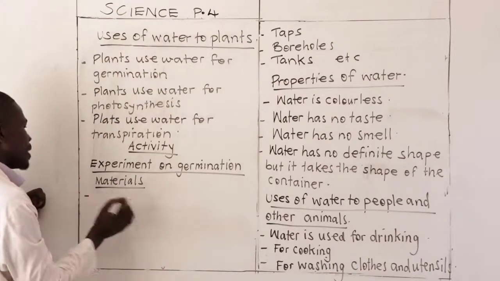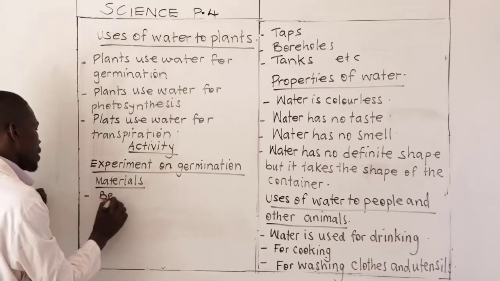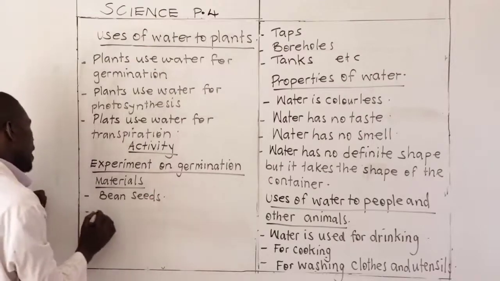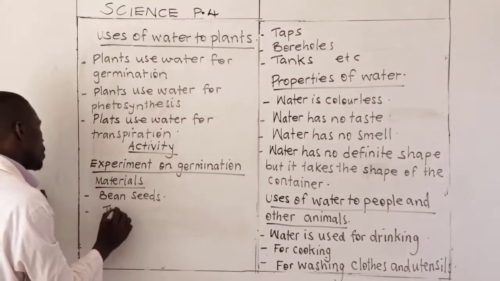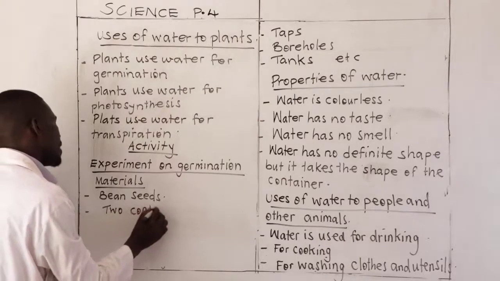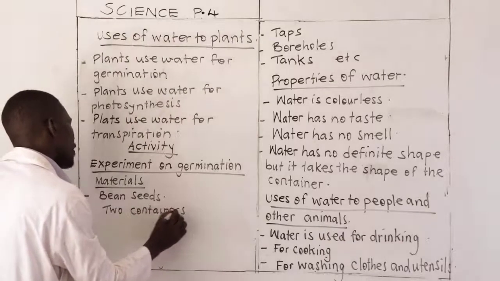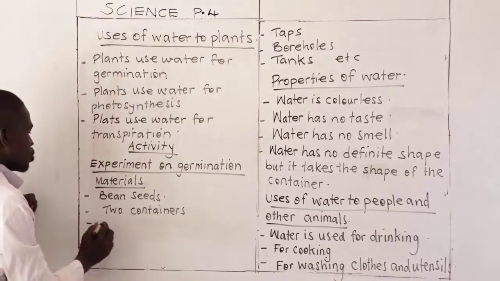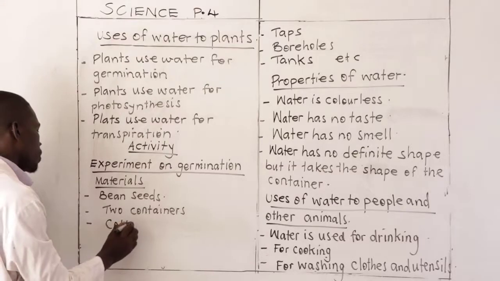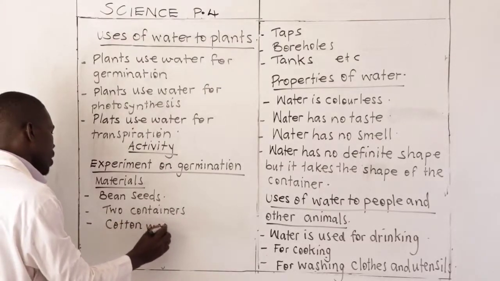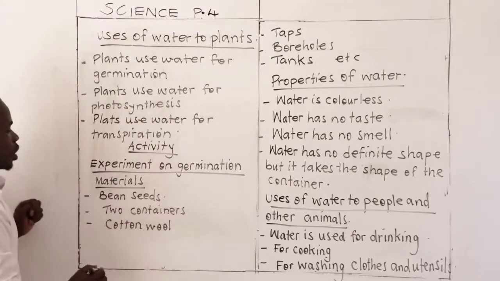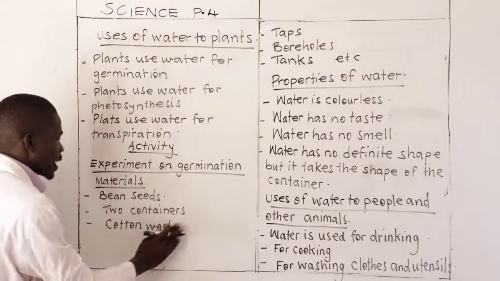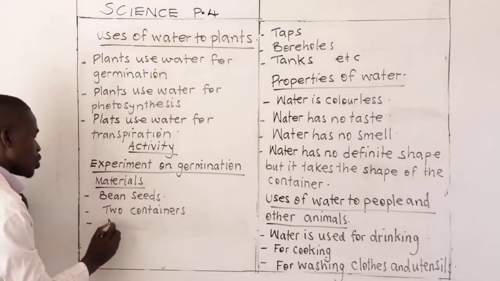The first material is bean seeds. Then we have two containers. In the containers we shall have cotton wool. This cotton wool must be dry.